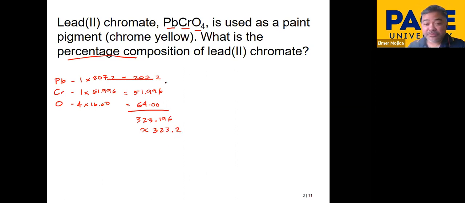So what are you going to do? You divide that number into each of them, and you multiply it by 100.